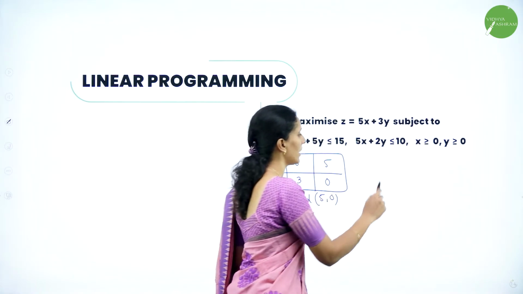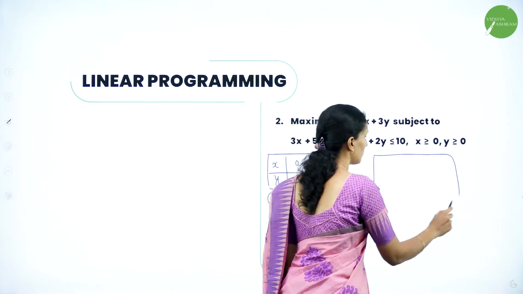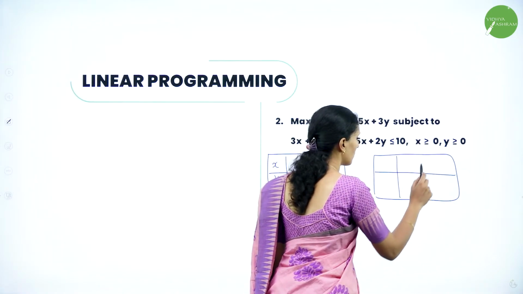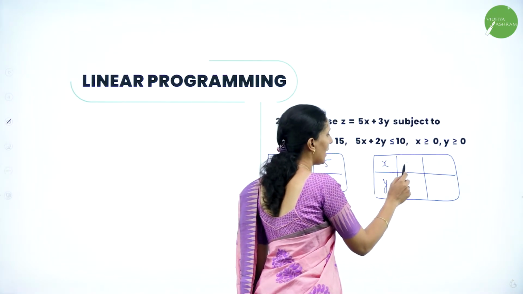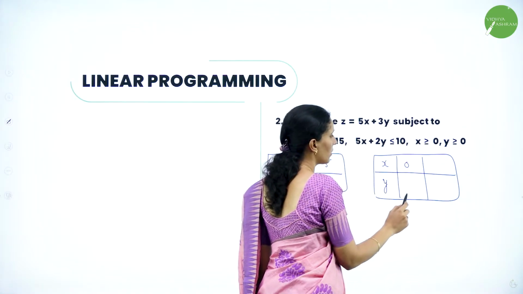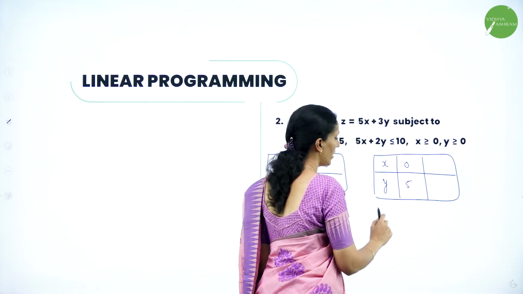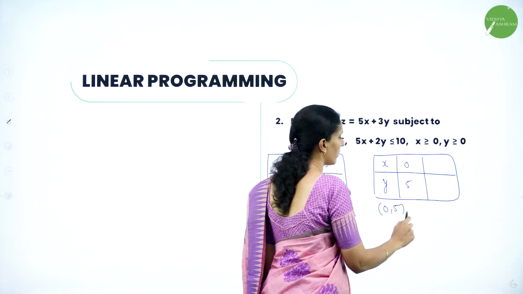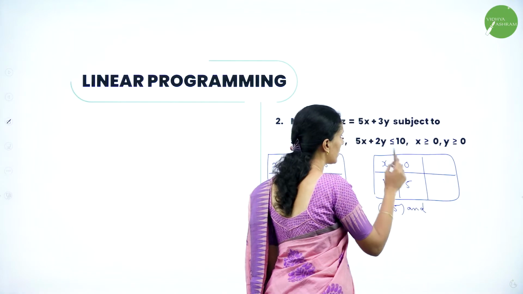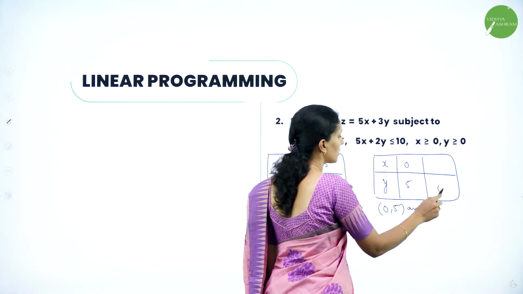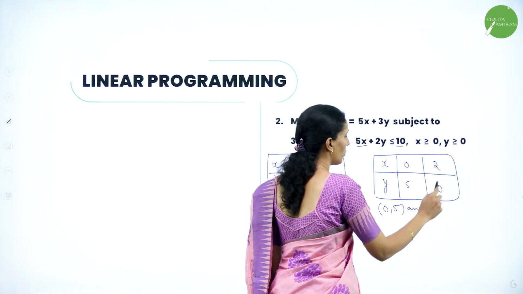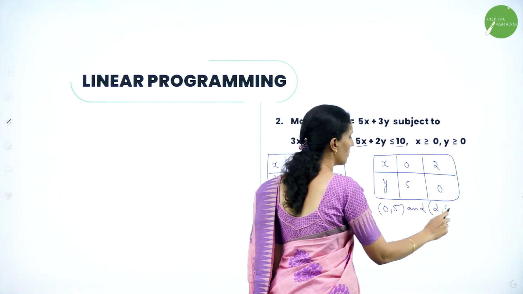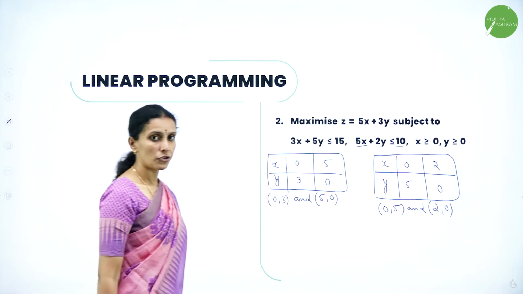Let's see the second equation now. Put x equal to 0, 2y is equal to 10, which means y is 5. So the point is (0, 5). Next, if I put y equal to 0, then 5x is equal to 10, which implies x is equal to 2. So the point is (2, 0). Now let's draw the graph.